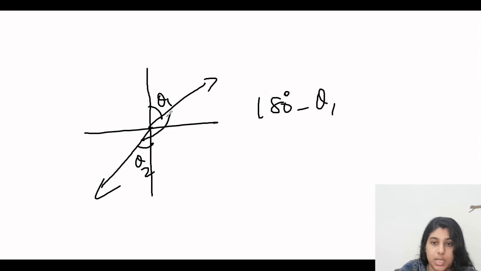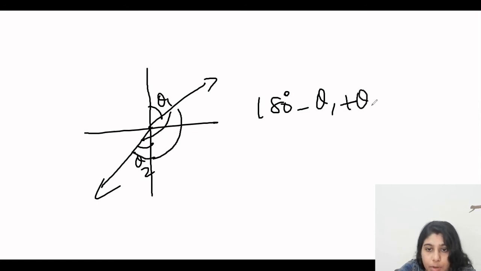That means we know the total is 180 degrees, from which you have to subtract this theta 1, so we will get only the angle till here. Then we want this whole angle now, so we have to add theta 2 also. Then we will get the included angle.